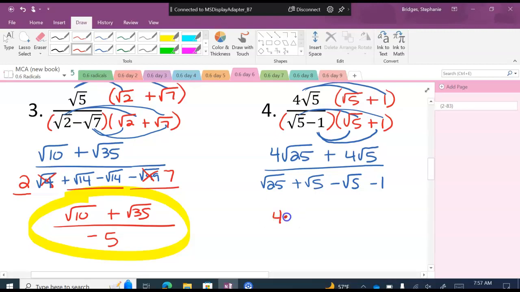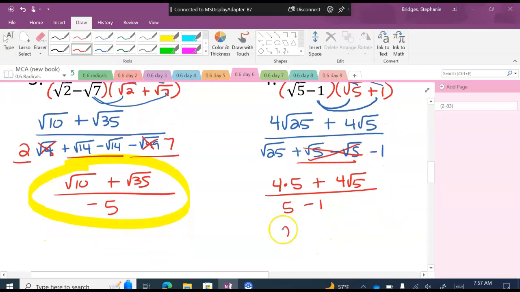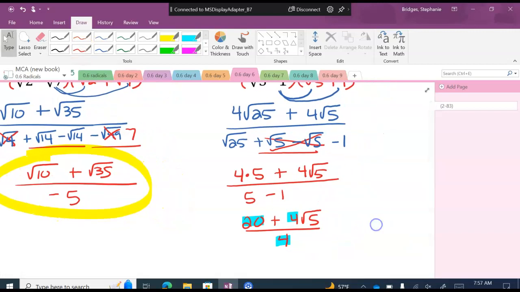We're going to keep that 4. What's the square root of 25 turn into? 5. All right, at the bottom, the square root of 25 turns to 5. My middle terms cancel each other out. So I'm going to get 20 plus 4 square roots of 5 over 4. Look at your 3 numbers. What can they all divide by? 4.